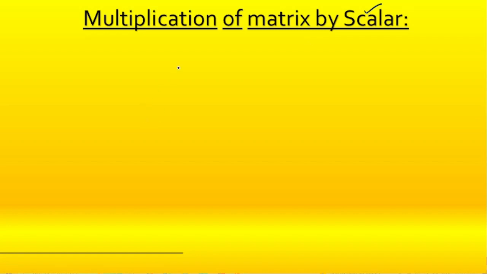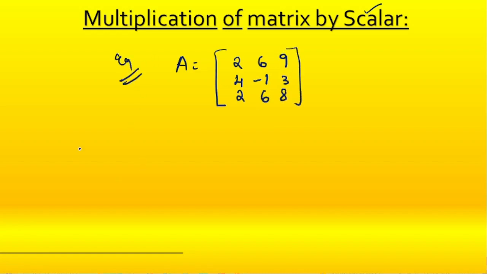Okay, I am going to give an example here. For example, your A matrix, I am just writing your A matrix. Your A matrix is going to be 2, 6, 9, 4, minus 1, 3, 2, 6, 8. Okay, for example, this is your A matrix.